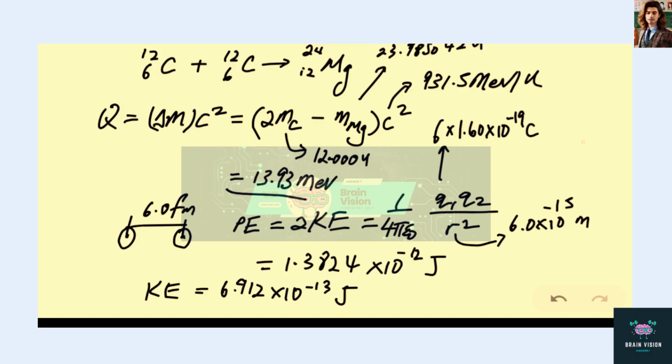You can convert this into MeV if you like by dividing by 1.6 times 10 to the power of minus 13, or you can leave it in terms of joules.